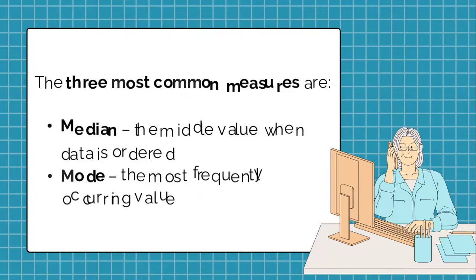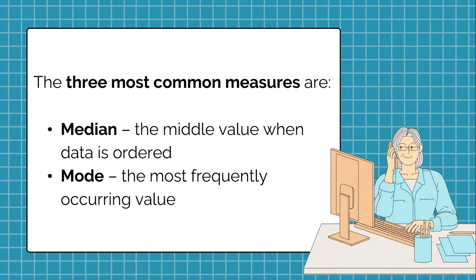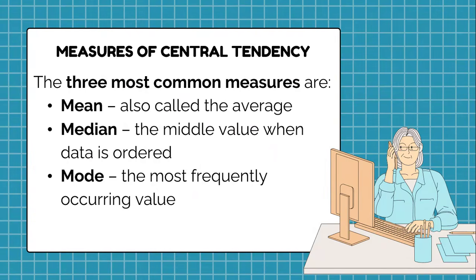So let's talk about the three most common measures. We have the mean, the median, and the mode. So the mean is very popular as the average, while the median is the middle value when the data is ordered. And the mode is the most frequently occurring value.